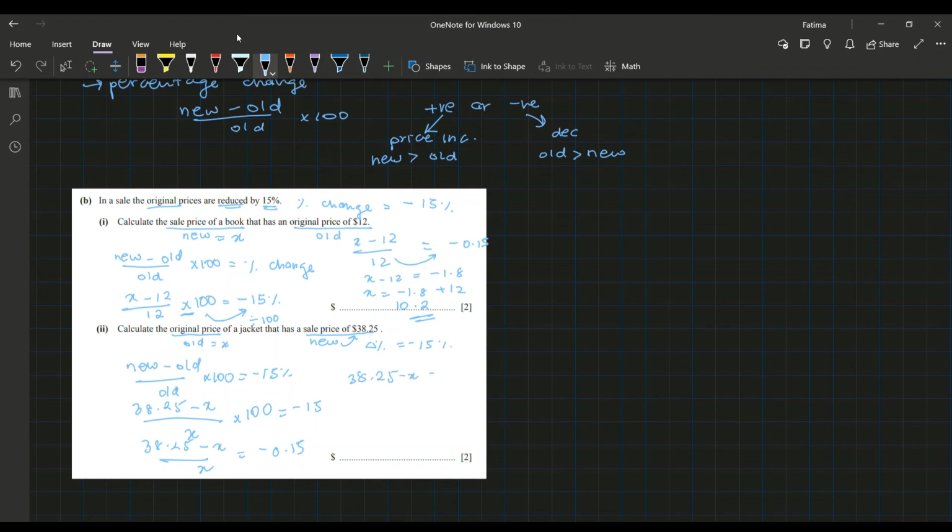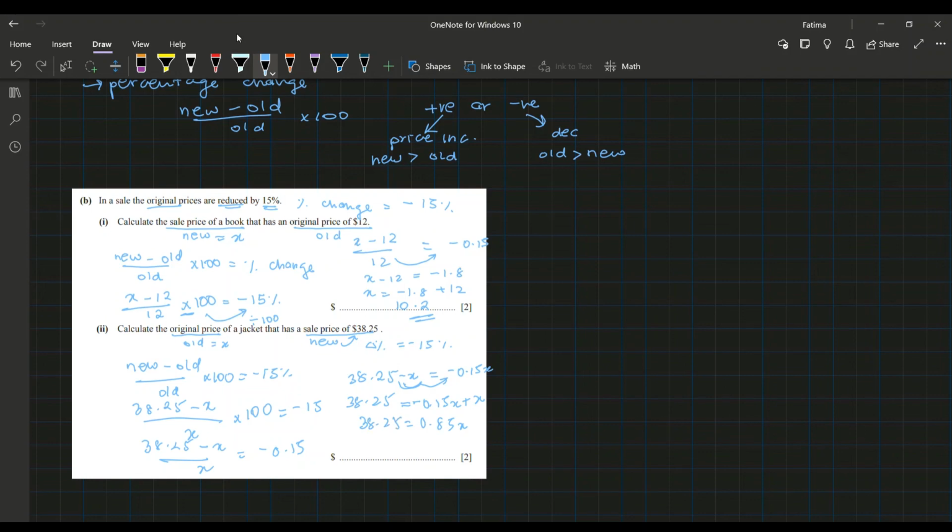38.25 minus x is equal to negative 0.15x. Then 38.25, this minus x will move to the right hand side, so it will become plus x. So that is equal to negative 0.15x plus x. Now negative 0.15 plus 1 is 0.85x is equal to 38.25.